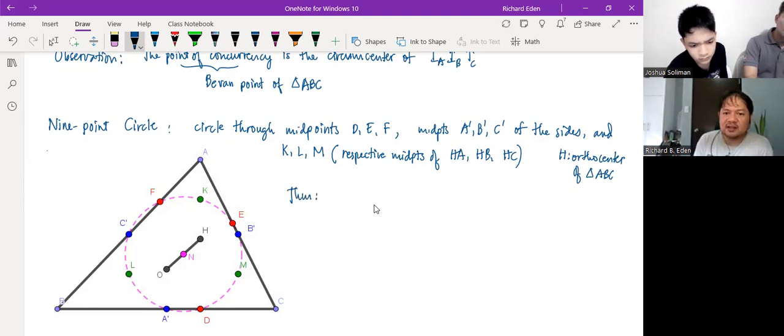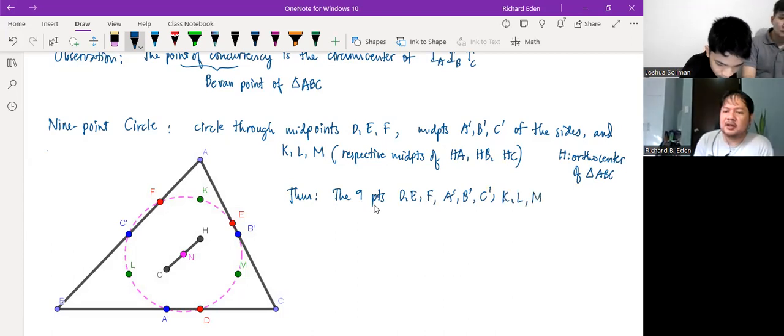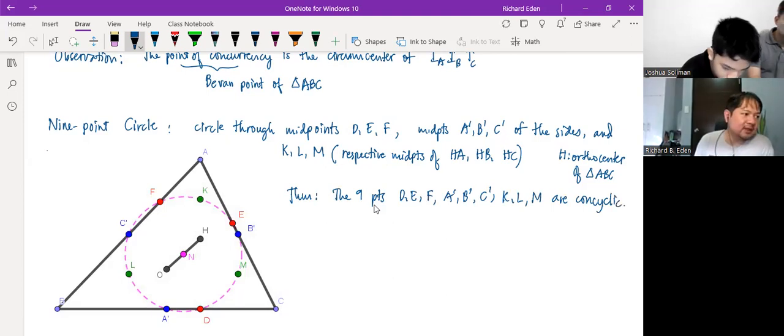But before we can even give this a name, the theorem that has to be proved here is that the 9 points D, E, F, A prime, B prime, C prime, and K, L, M are concyclic.